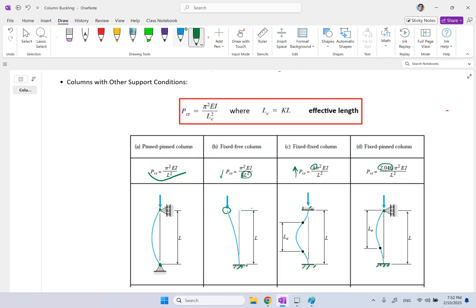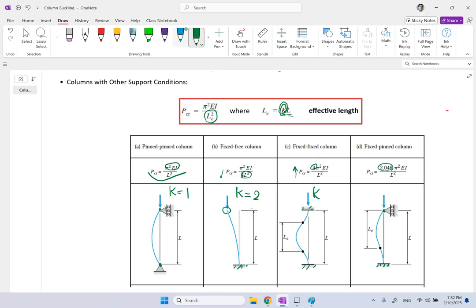So what we can do is combine all of these 4 scenarios into a simple formula of P critical equals pi squared EI over L effective squared, where L effective is a constant K times L, and that K depends on the boundary condition. So in this case, I can say K is 1. In this case, I can say K is 2 because L effective is 2L.